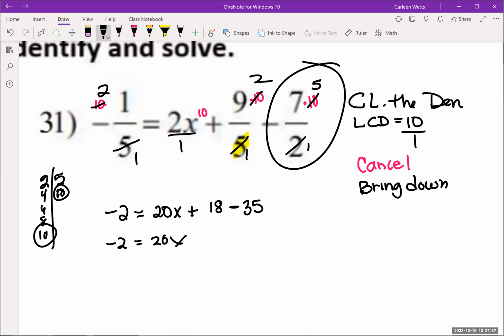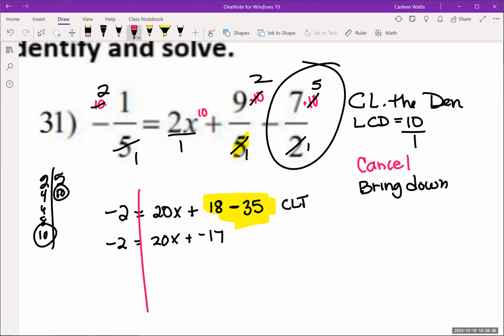The next step is what? Combine like terms. So 18 minus 35 is -17. So we combined like terms.